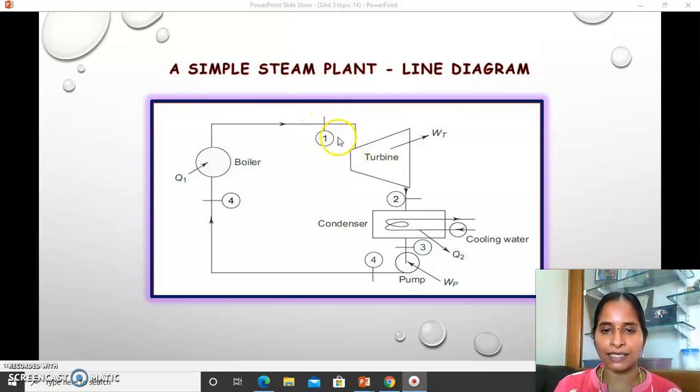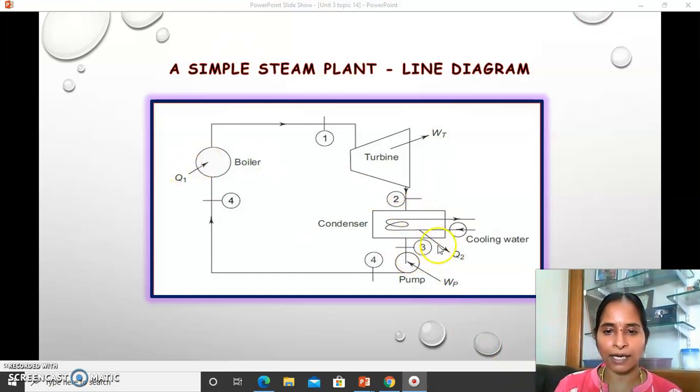Inlet of the turbine is labeled as 1 and outlet is of course 2, and 2 is not only the turbine outlet but also the inlet of the condenser, and state 3 refers to the condenser outlet.